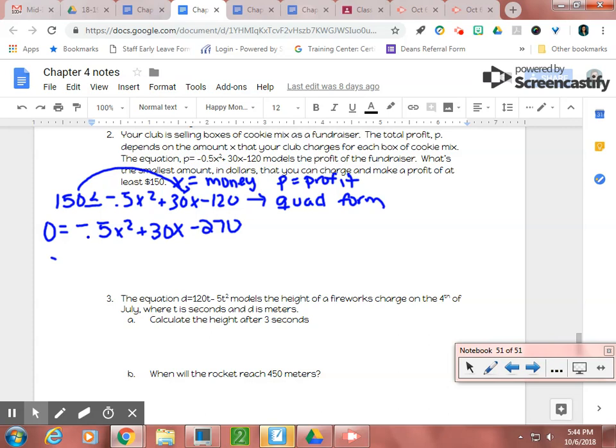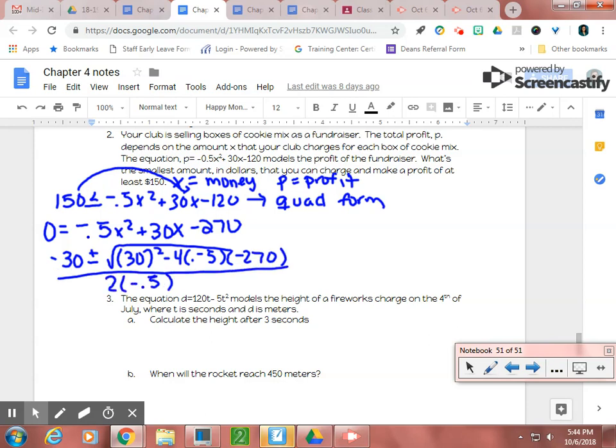The opposite of b is -30 plus or minus the square root of 30 squared minus 4 times a times c all over 2a. So when I solve that, I'm going to get -30 plus or minus the square root of 360 all over -1.